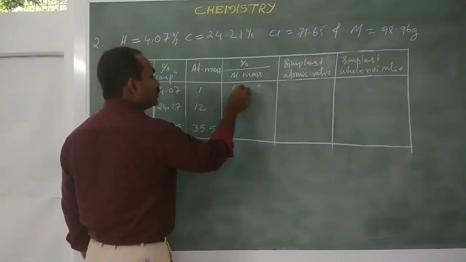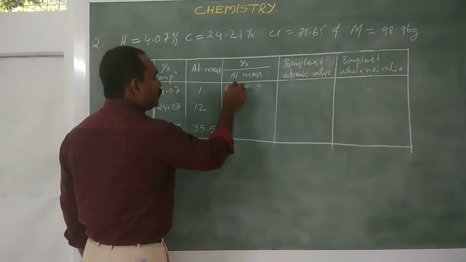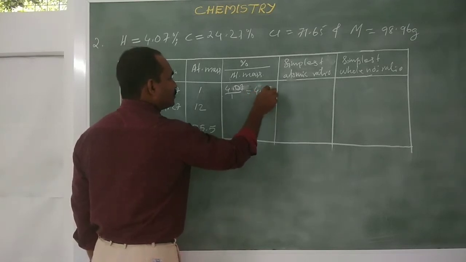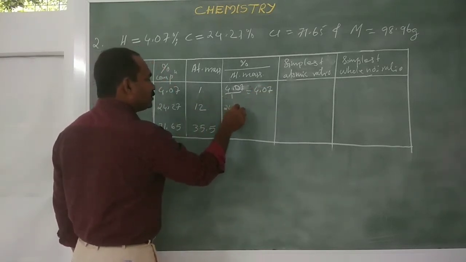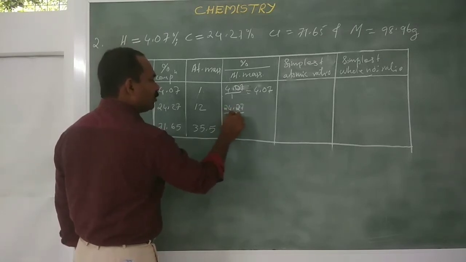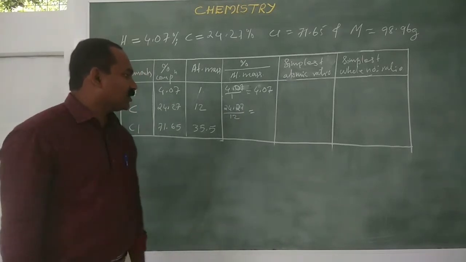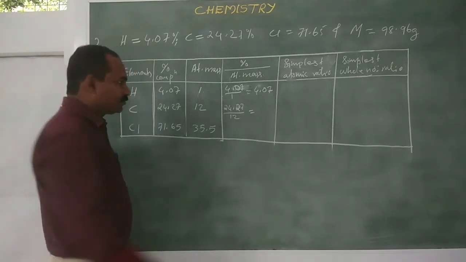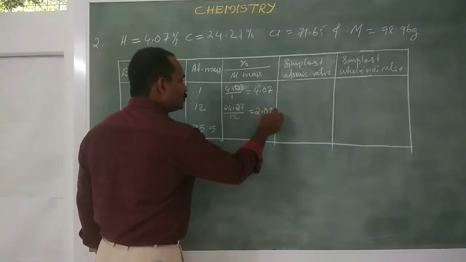Percentage of composition is 4.07, so 4.07 by 1 is equal to 4.07. Next, 24.27 divided by 12 is 2.02.